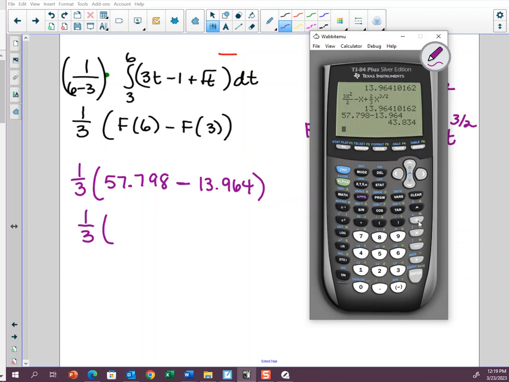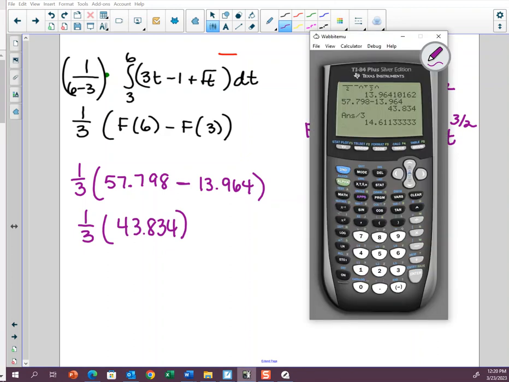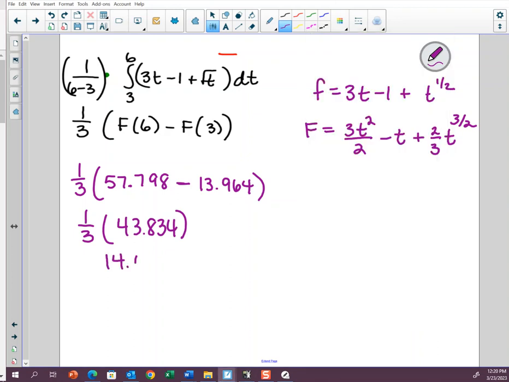About 43. Divided by 3. Times 1/3 or divided by 3 gives me 14.611. Now context is important, so let's go back.